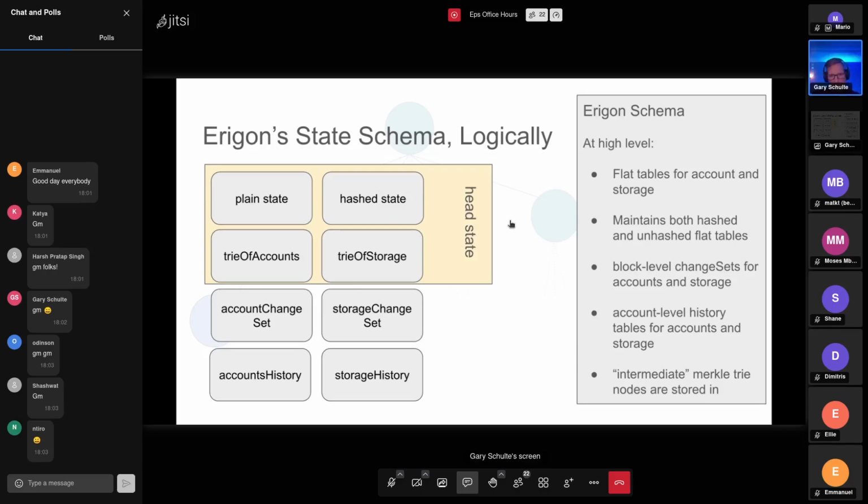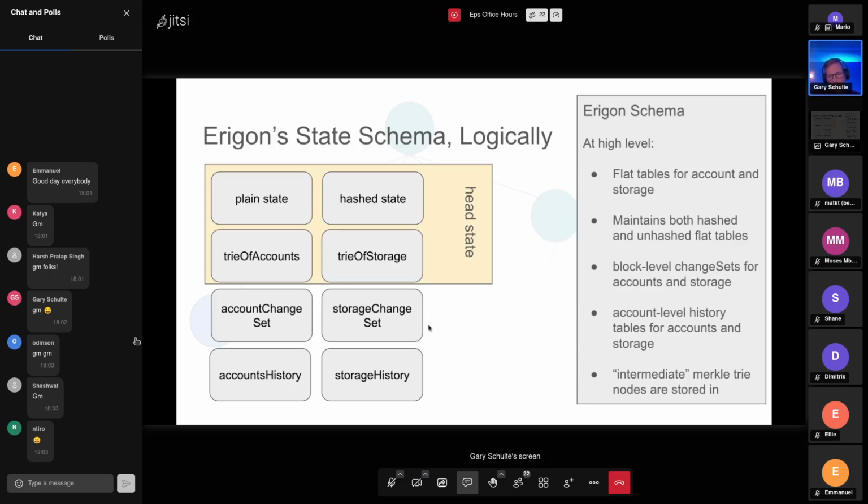They're basically the intermediate nodes, the extension nodes and the branch nodes and the state root that are used to calculate the state root. I believe Aragon only keeps a single version of the hash tree for the tree of accounts and tree of storage. That's subject to verification, but I believe that's the case.